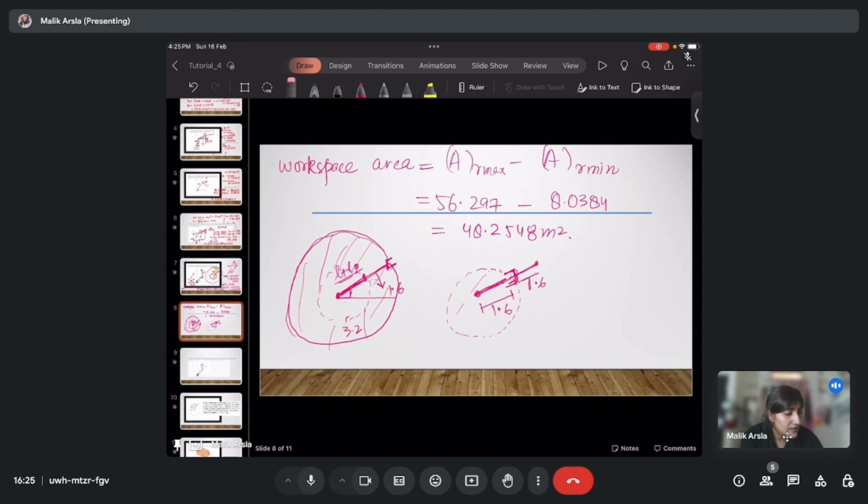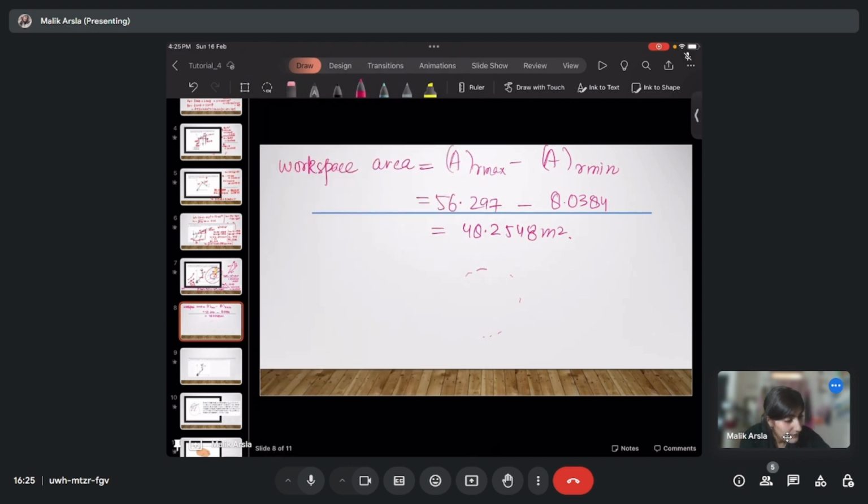Now in the second case, what happens? We have been told that this length is L1, and this is theta 1. There is no restriction on theta 1, theta 1 can move anyway.